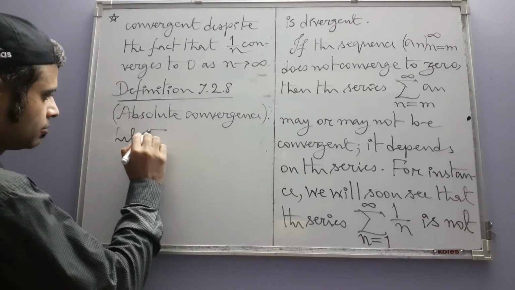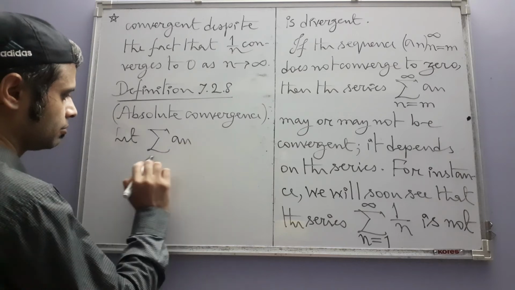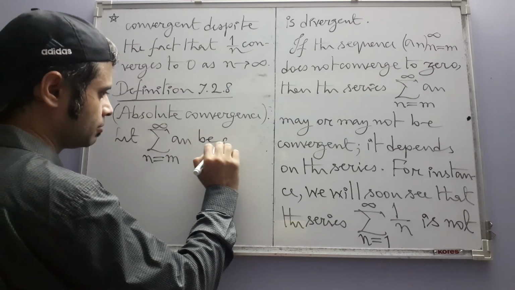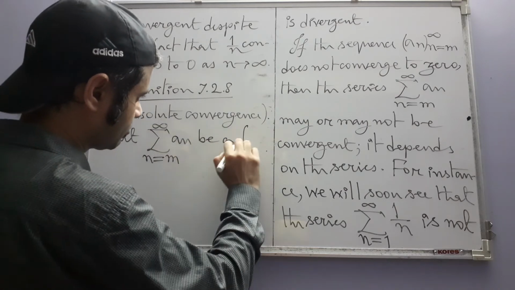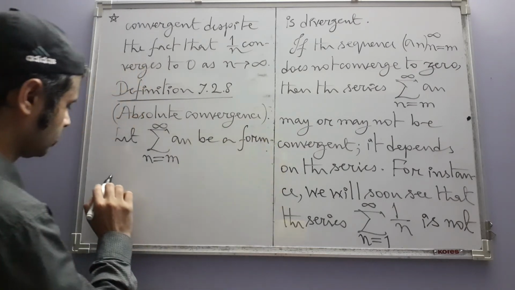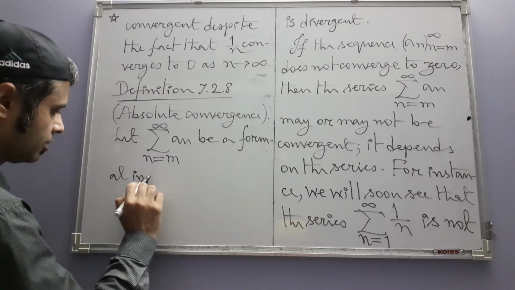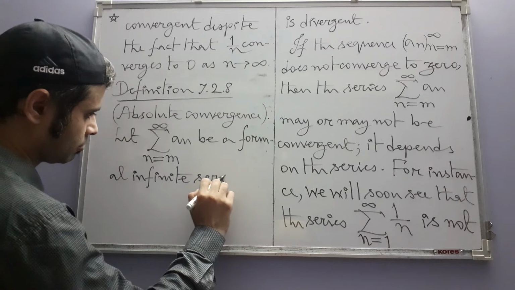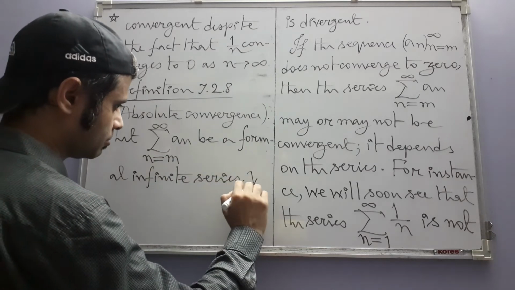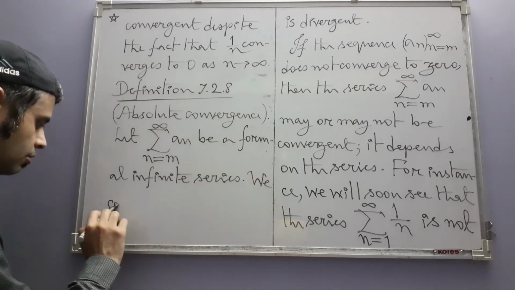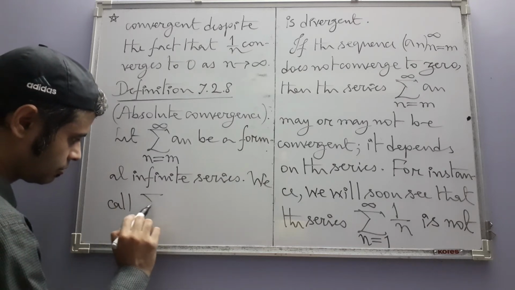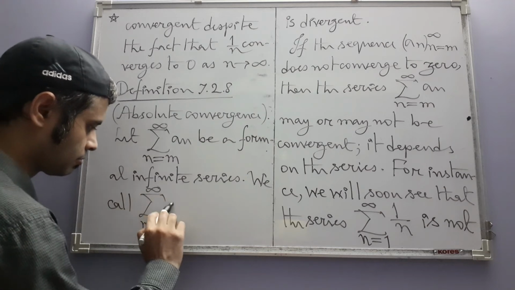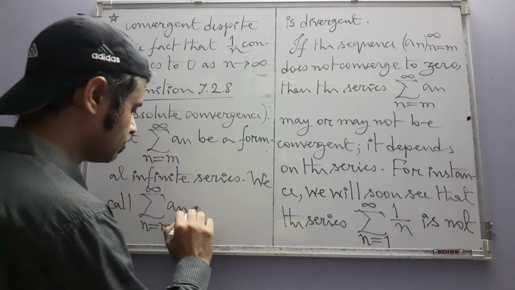Let this be a formal infinite series. We call the original series absolutely convergent.